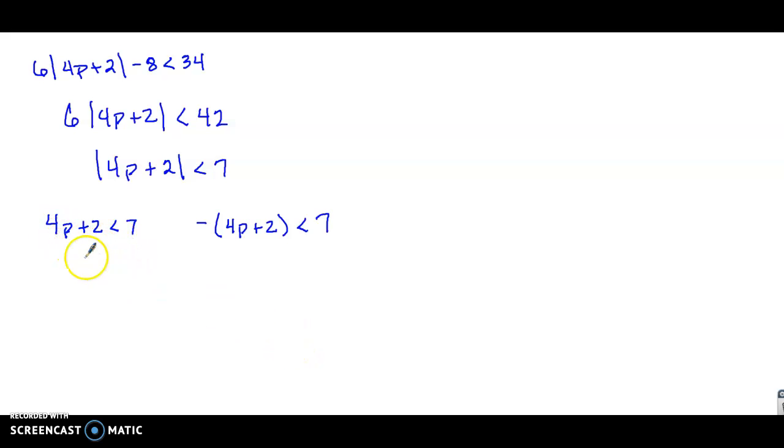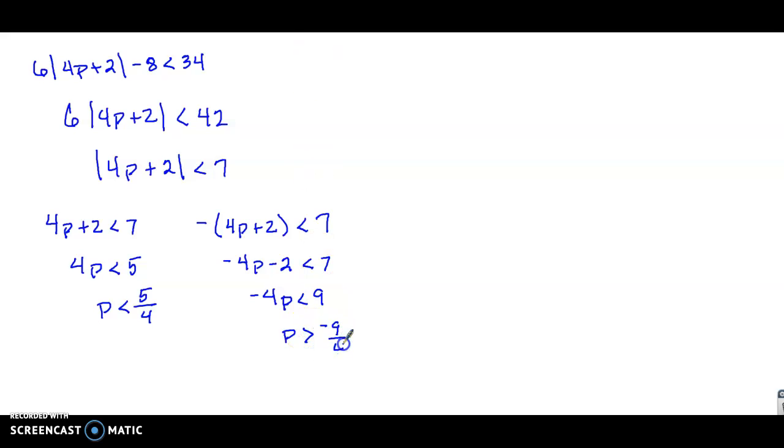When I solve, subtract my 2, 4p is less than 5, so therefore p is less than 5 over 4. Distributing my negative, negative 4p minus 2, less than 7, negative 4p, less than 9, so p must then be greater than negative 9 over 4.